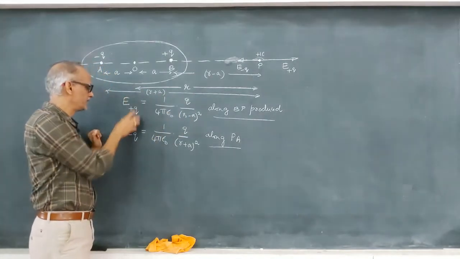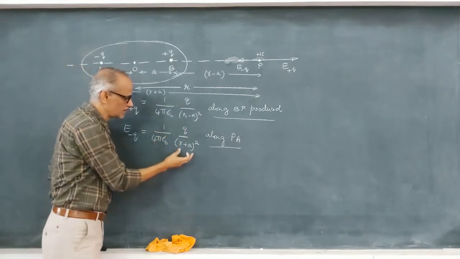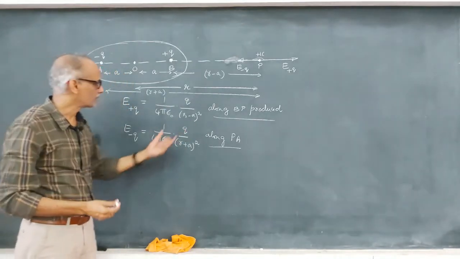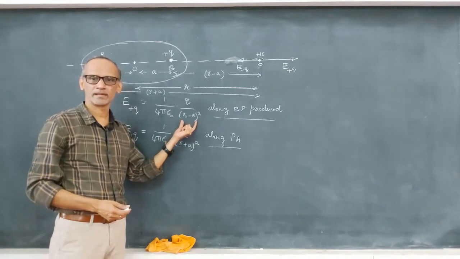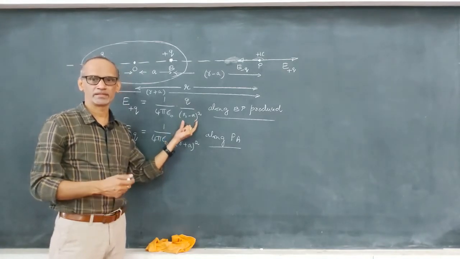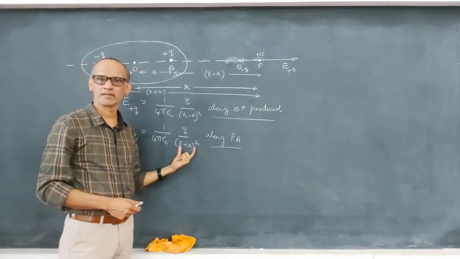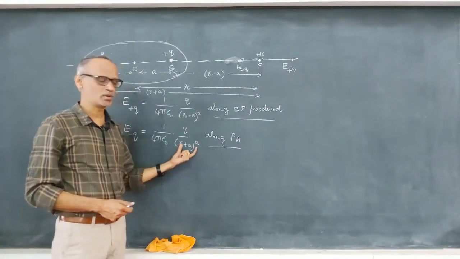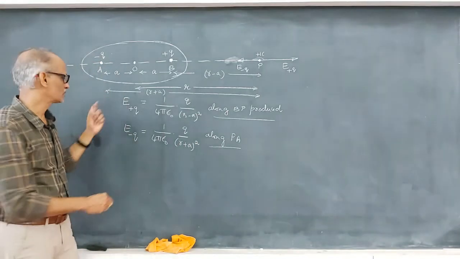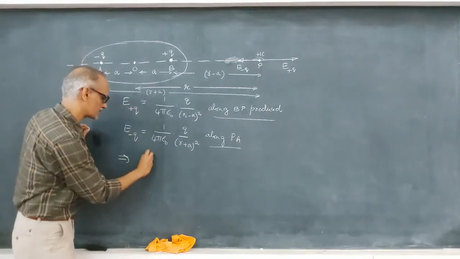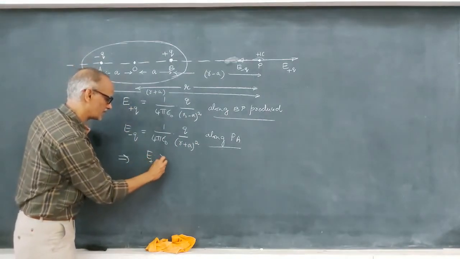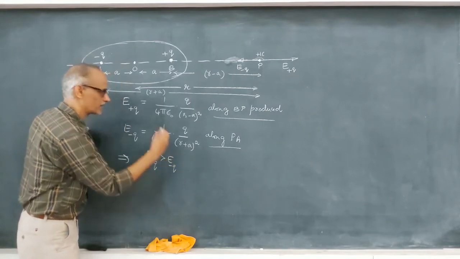So the value of E depends on R minus A and R plus A. R minus A, see, this is a lesser value. Lesser the value of the denominator, greater is the value of E. This is R plus A, this is more than this. When this is more, this is less. So the conclusion here is E plus Q is definitely greater than E minus Q.